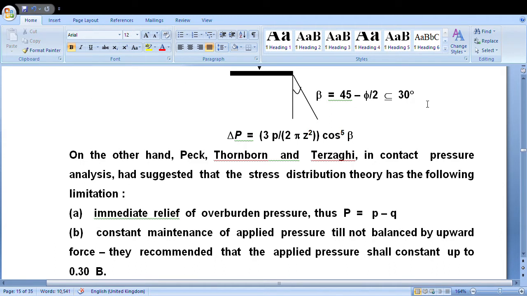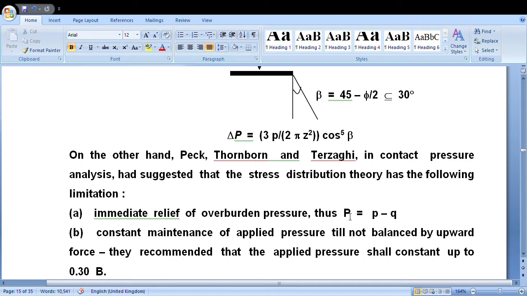In all this analysis, we have some governing rules. The pressure has relief from the existing overburden pressure.